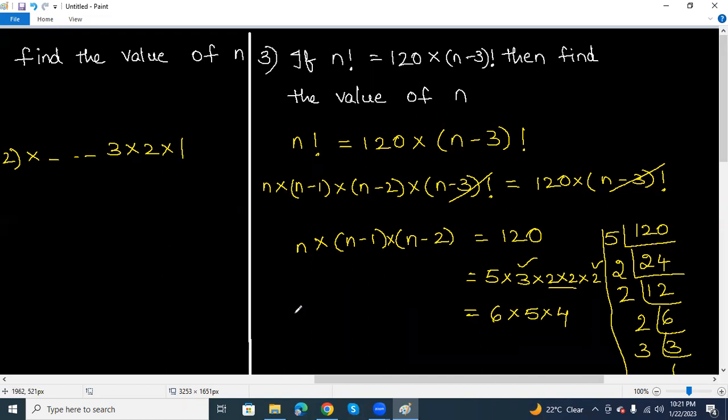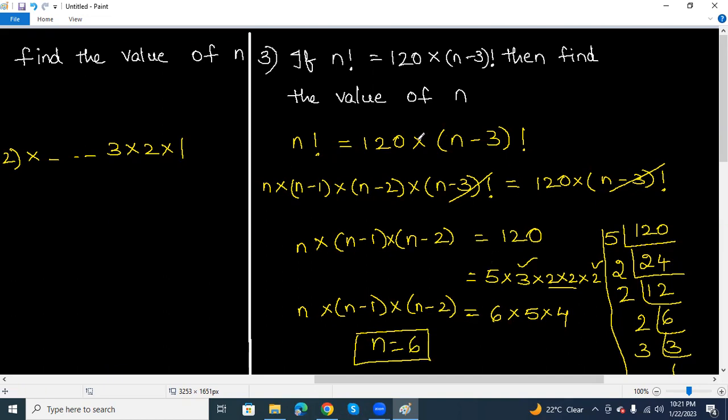If we compare both sides of the equal to symbol, LHS and RHS, we get to know the n value is 6. In this way we can find the n value as 6.